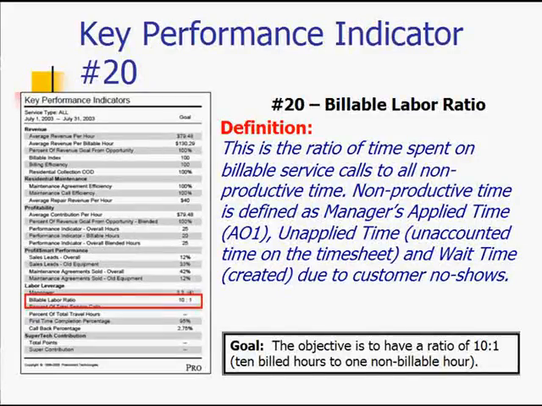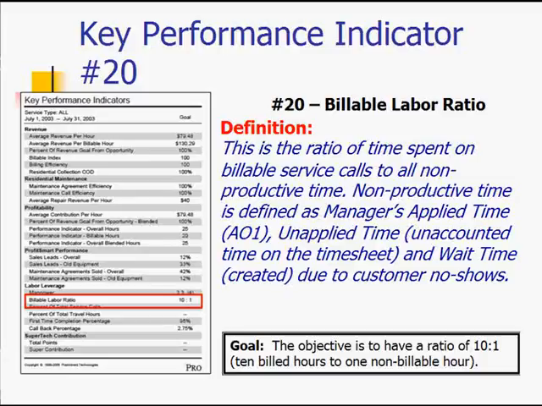Key performance indicator number 20, billable labor hours. Now, we've got to think about this one a little bit in the sense that our vacations, our holidays, things like that are already filtered out. What we're talking about here is the amount of time we're actually on the job. So this is the ratio of time spent on billable service calls to all non-productive time.